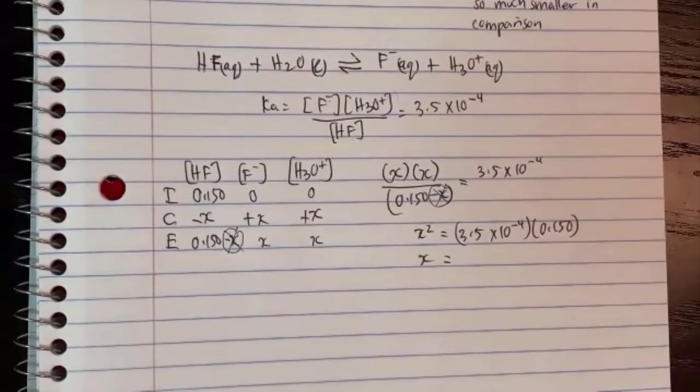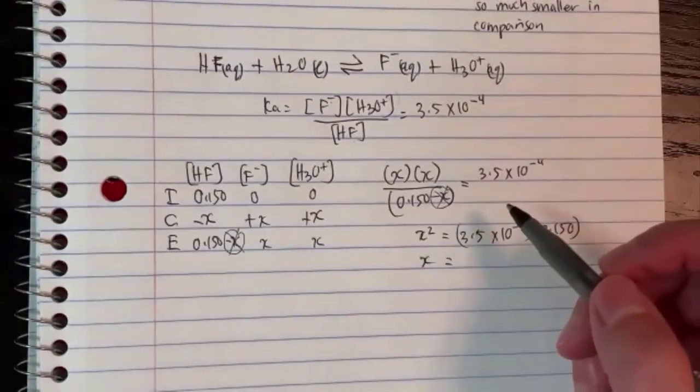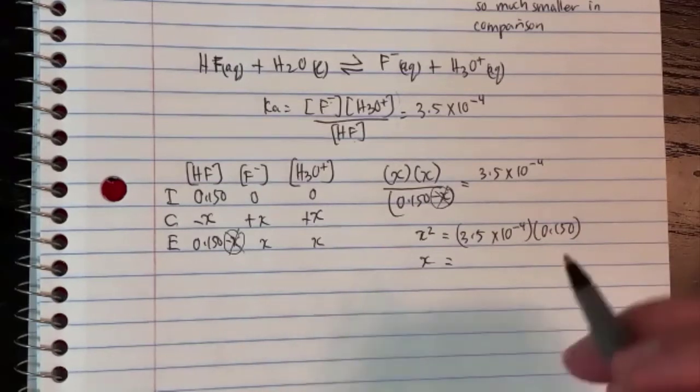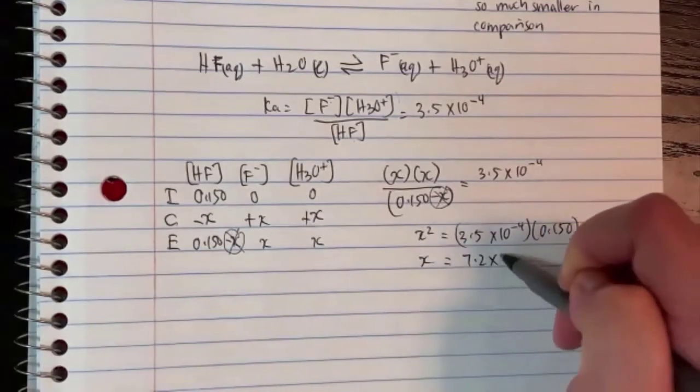And you end up getting, let's see, 0.15. It's 5.25 times 10 to the minus 5, and I want to square root that value to get 7.2 times 10 to the minus 3.